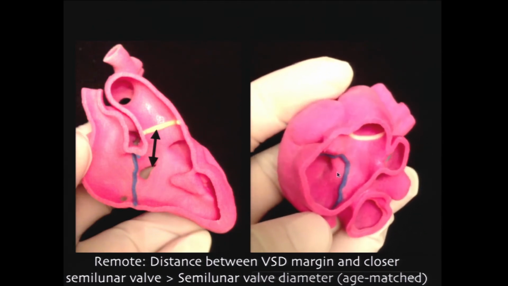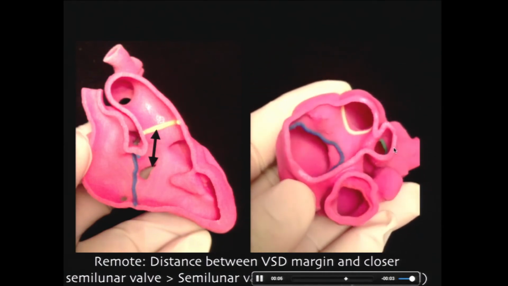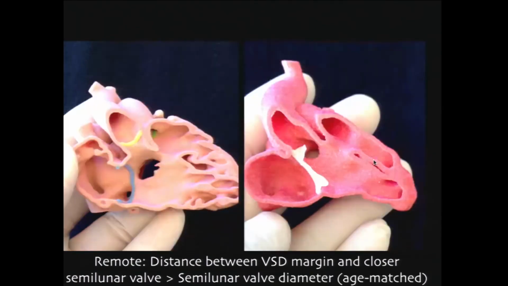So here you can see the VSD is here, very remote from here, very remote from the pulmonary valve. However, that definition sometimes is tricky. So how many people will call this VSD really remote? Dr. Prakash, would you call this case a remote VSD or a subaortic VSD?